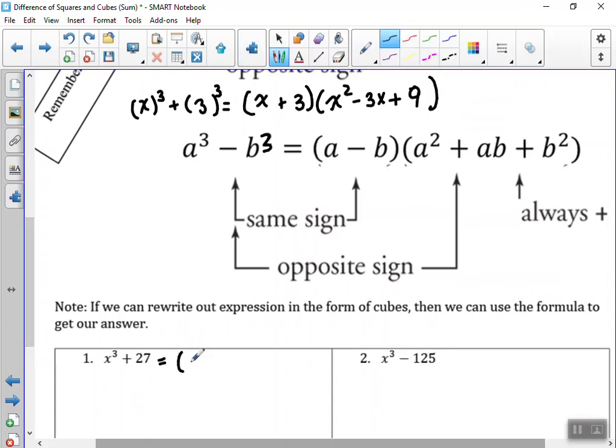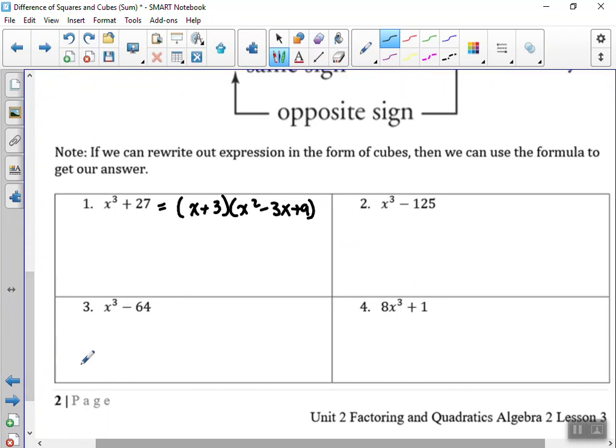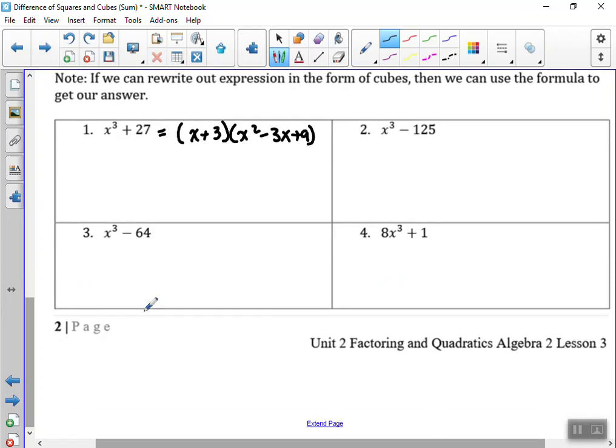X plus 3, and then x squared minus 3x plus 9. Okay. And then let's do a sum of cubes here. So actually, let me do number 4.